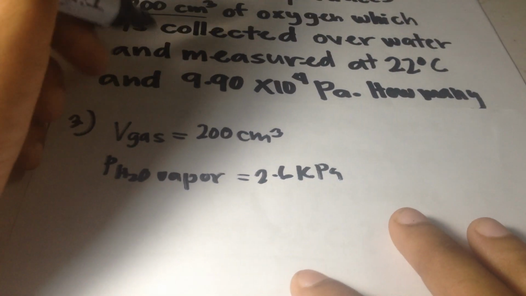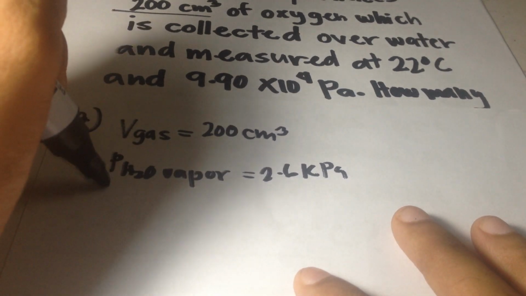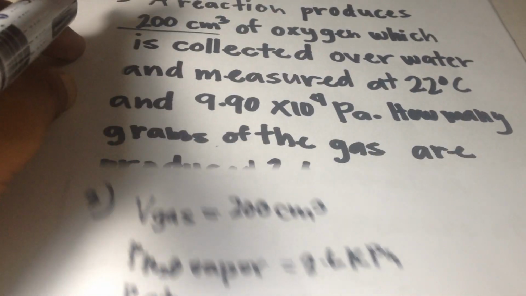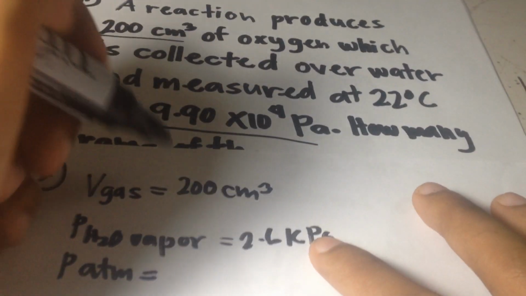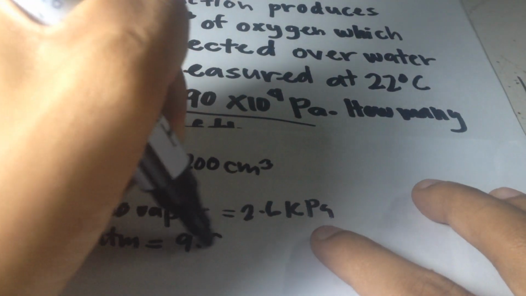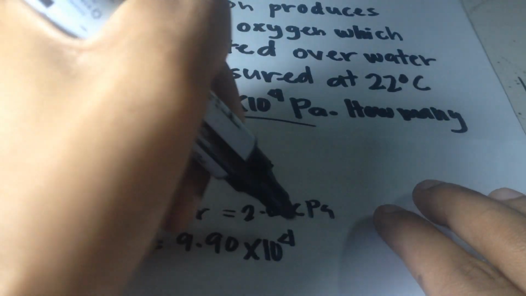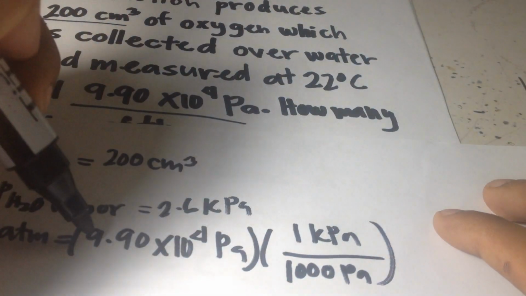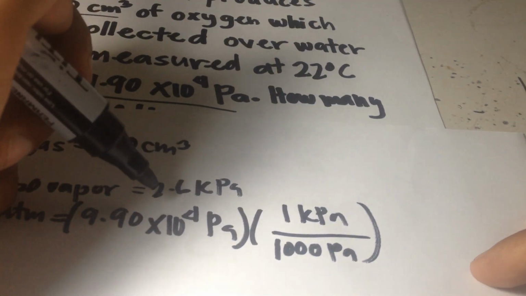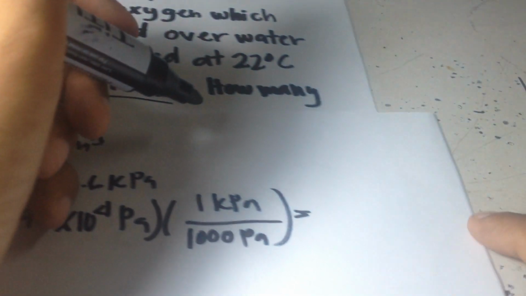And we have PATM, the atmospheric pressure, which is 9.90 times 10 to the power 4 pascal. So we need to convert into kilopascal. In 1000 pascal, we have 1 kilopascal. So 9.90 times 10 to the power 4 divided by 1000 is equal to 99 kilopascal.